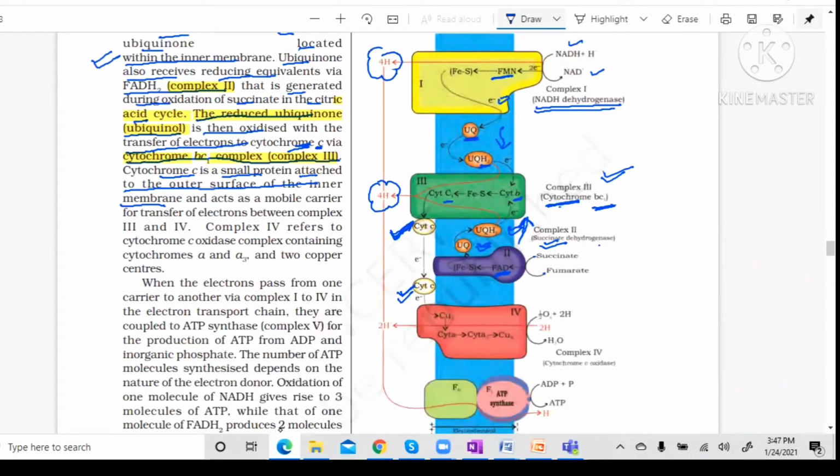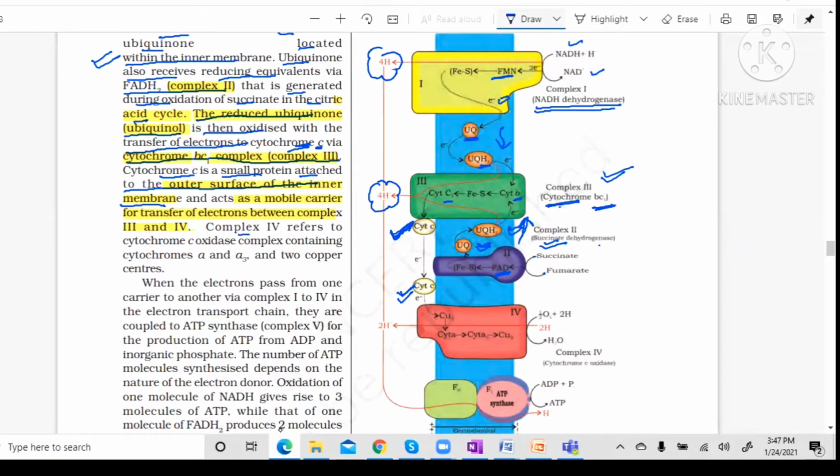So this is on the outer surface of the inner membrane. Please learn carefully. It is a mobile electron carrier for transferring electrons between complex 3 and 4.